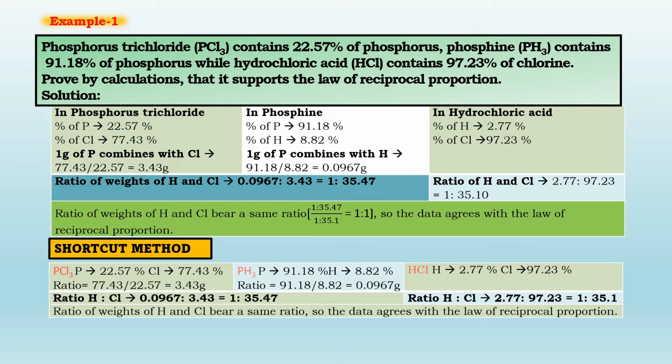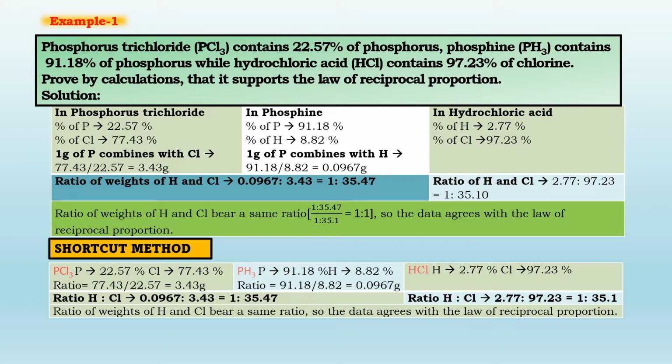In phosphine, percentage of phosphorus is equal to 91.18. Percentage of hydrogen is equal to 8.82%. So 1 gram of phosphorus combined with hydrogen is equal to 8.82 divided by 91.18, that is equal to 0.0967 gram.